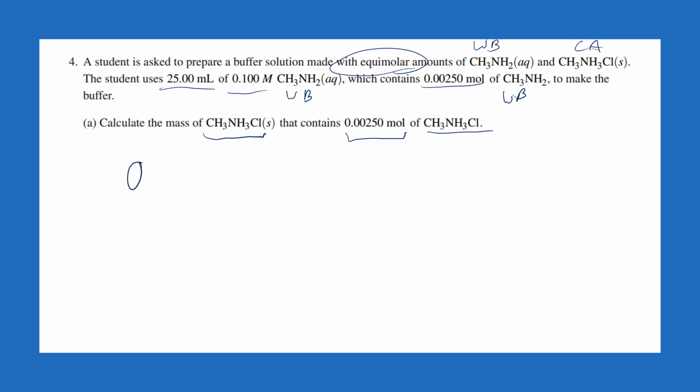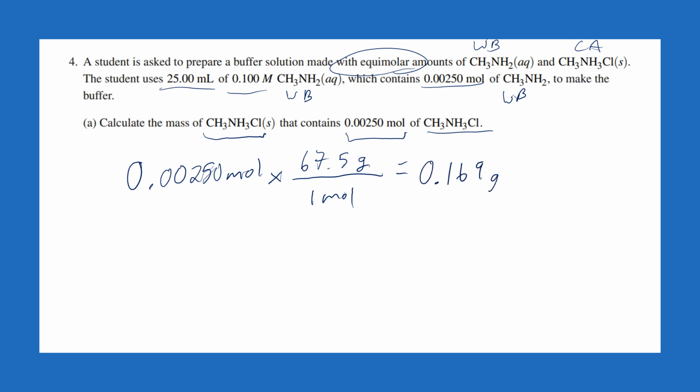So we want to do that to 250 moles, and then I need to use the molar mass of CH3NH3Cl. So use your periodic table, find the molar mass, and you should get 67.5 grams per mole. And so when you multiply, you get 0.169 grams of the CH3NH3Cl, which is our conjugate acid.